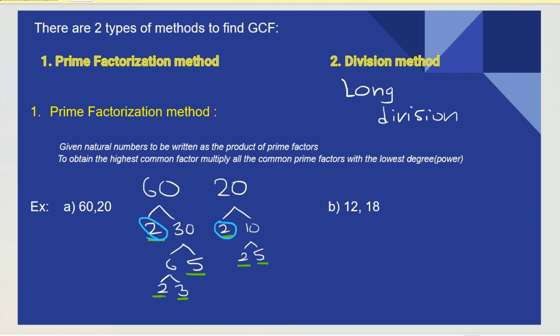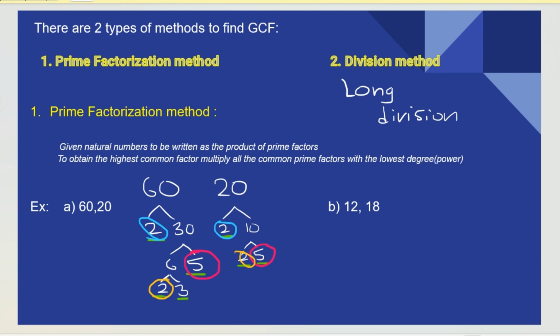Then there's this 5 and this 5. And then finally this 2 and this 2. So 3 isn't common in both of these numbers, so we're not going to include 3.